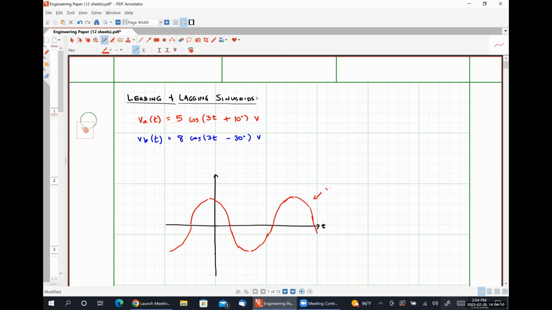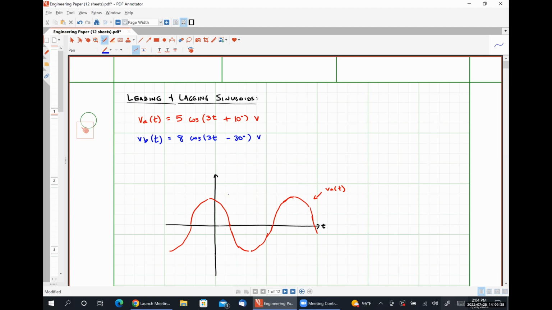So this red curve here is VA of t. And now I'm going to try to draw my blue curve here. We have a peak value of 8, and we have a negative phase angle, so it's shifted to the right by 30 degrees.